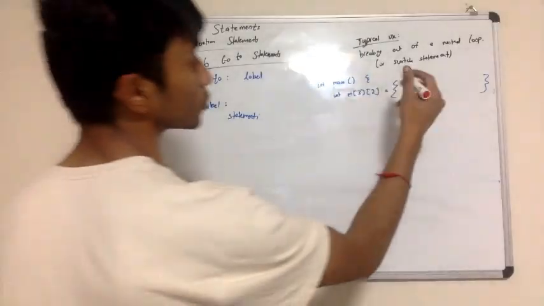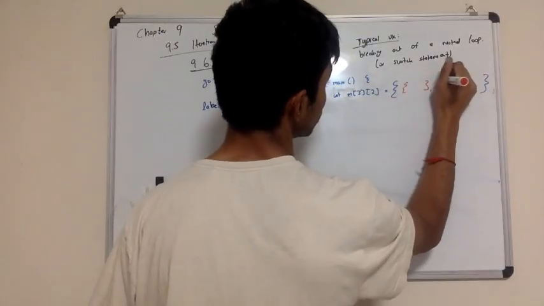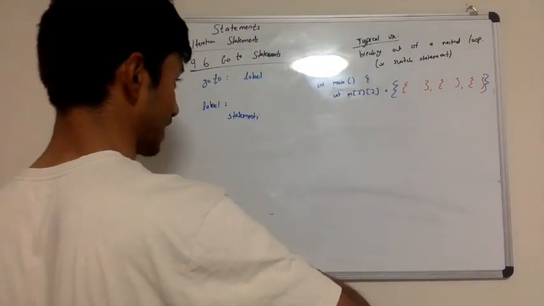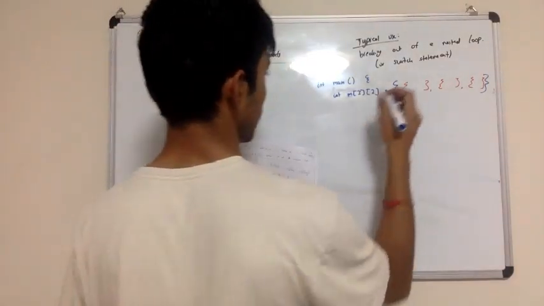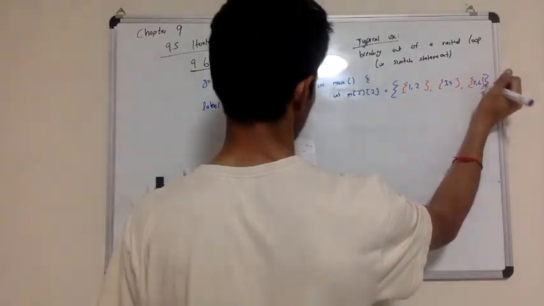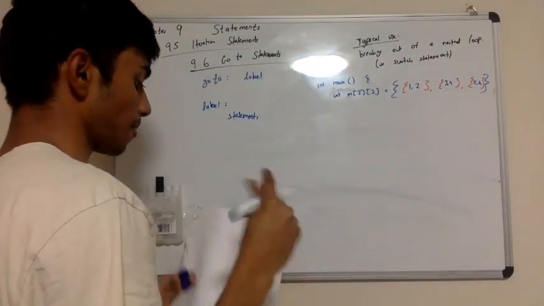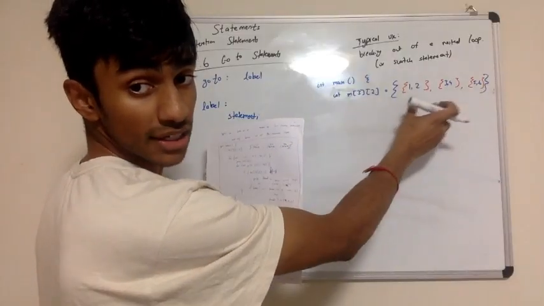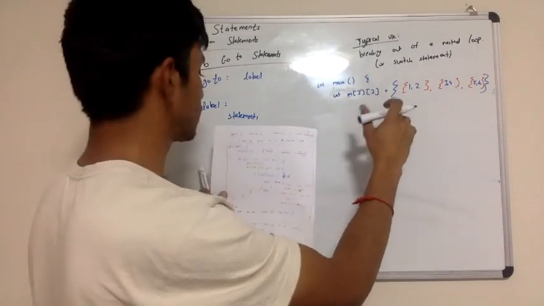We've got 3 children, so 3 arrays, each of which contain 2 integer elements. So 1, 2, 3, 4, 5, 6. So we've got a 2D array, which has 3 child arrays in it, each of which has 2 elements in it, right? Hence 3 and 2.